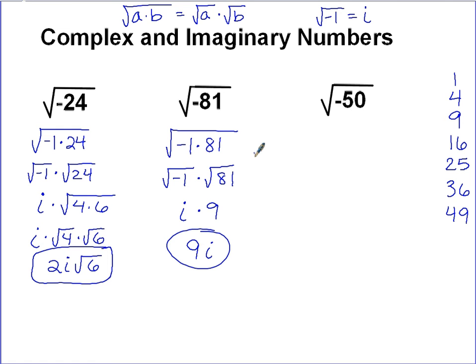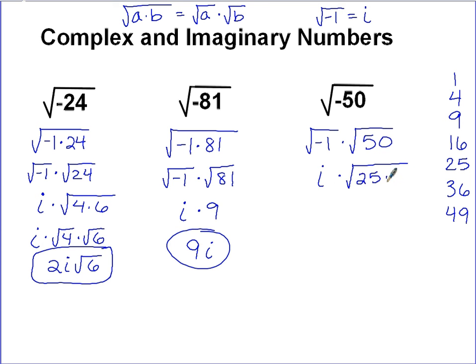Okay, the square root of -50. For that, we're going to do the same thing. Square root of -1 times square root of 50. The square root of -1 is i. The square root of 50 we want to split up. We want to factor that and find the largest perfect square that goes into it. 25 goes into 50, and that's the largest perfect square that does.